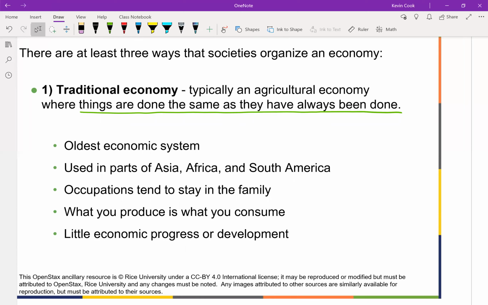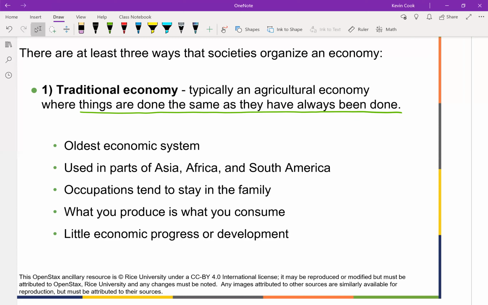Today, the main parts of the world where they are widely used, and when I say widely, I'm going to backtrack on that a little bit in a second, is parts of Asia, Africa, and South America. But when I say that, you say, well, I don't know about that, because China and Japan are certainly not a traditional economy.